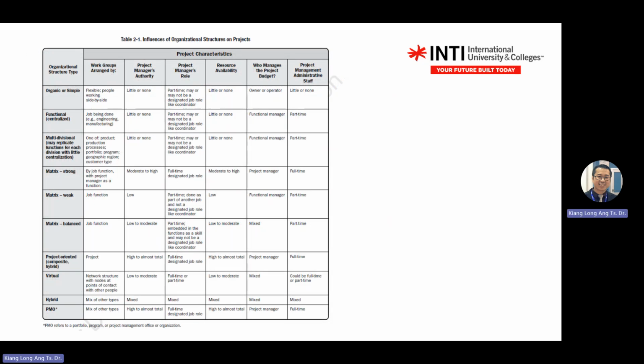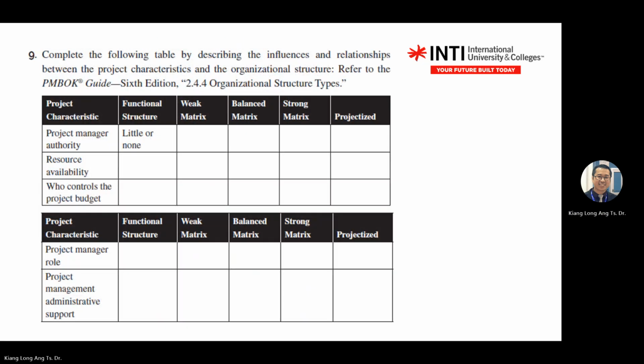Go and understand who is in charge of what, and the organization structures, matrix, strong, resource availability. This question 9 is only part of it. Don't memorize this one, but the direction will be there.